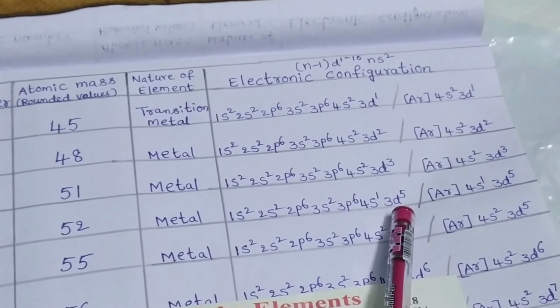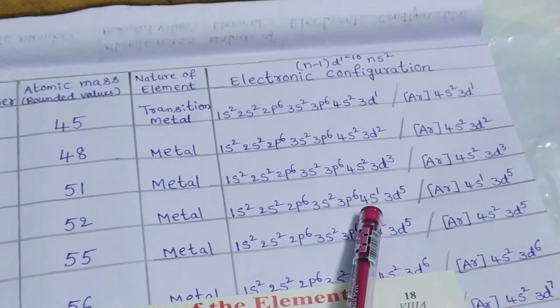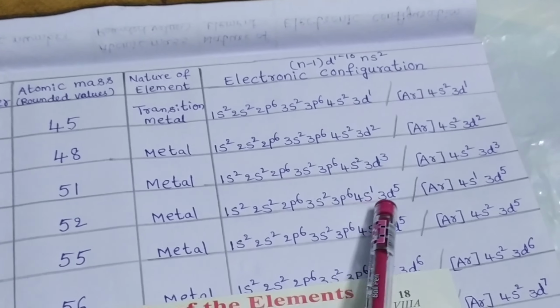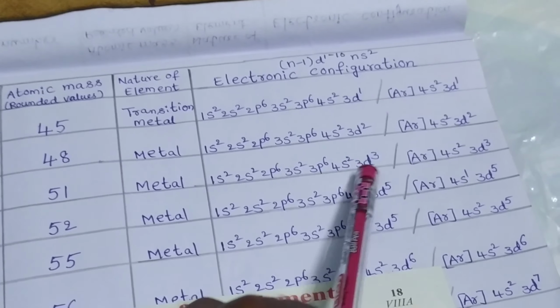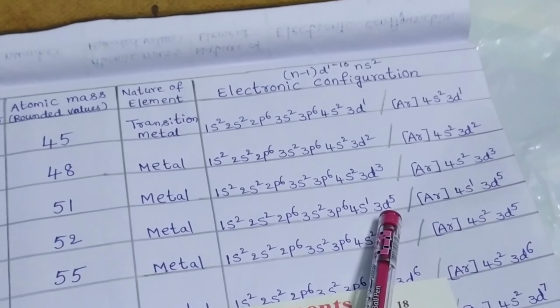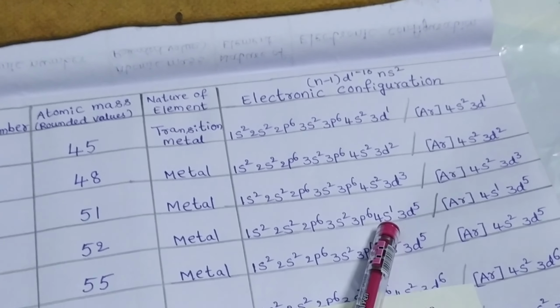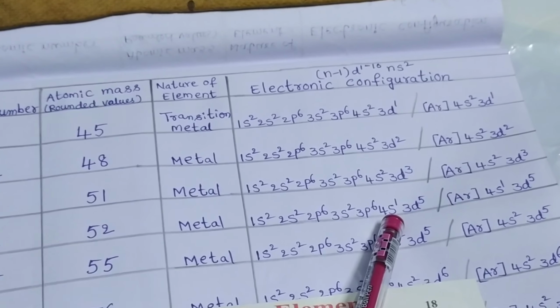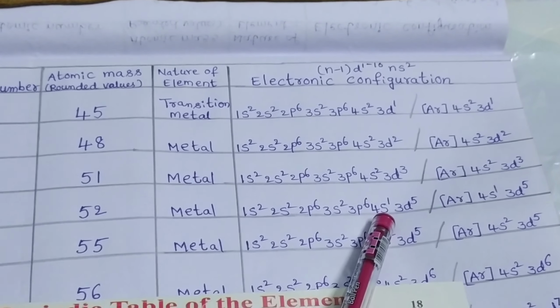But in order to get stability, the alternative electronic configuration can be written as 4s1, 3d5. That means one of the 4s electrons is shifted to d. That means 4s is half filled, d orbital is half filled. If the orbitals are half filled or fully filled, then that atom will get stability according to Hund's rule.